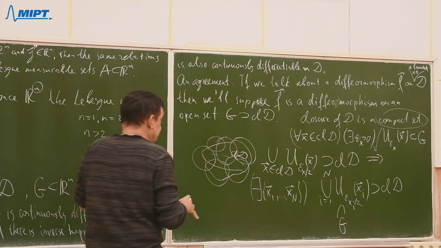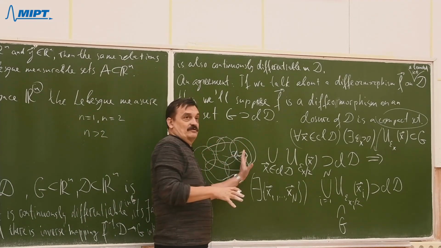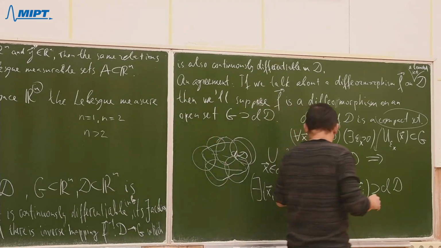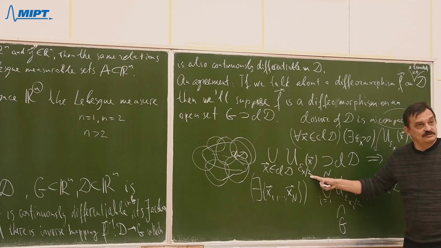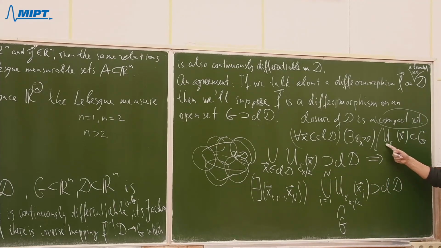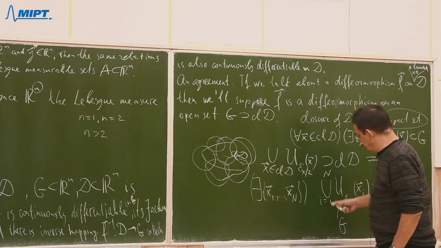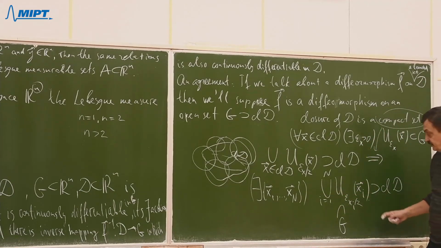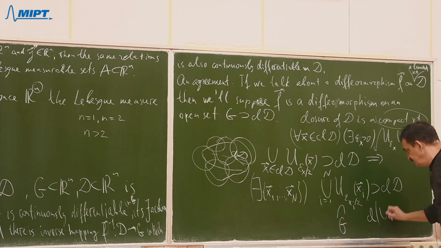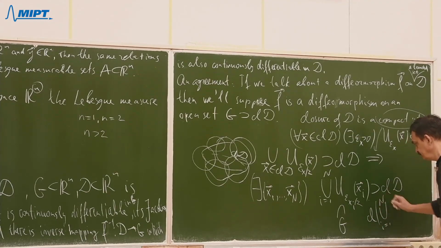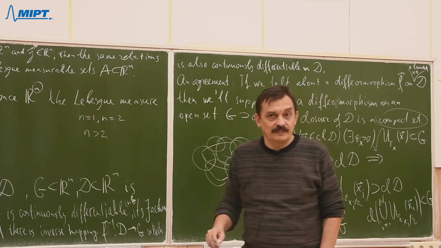And moreover, if we consider the closure of those balls, then because I took epsilon x over 2, and even with radius twice more it is still in G, the closure of this union is still in G, right?